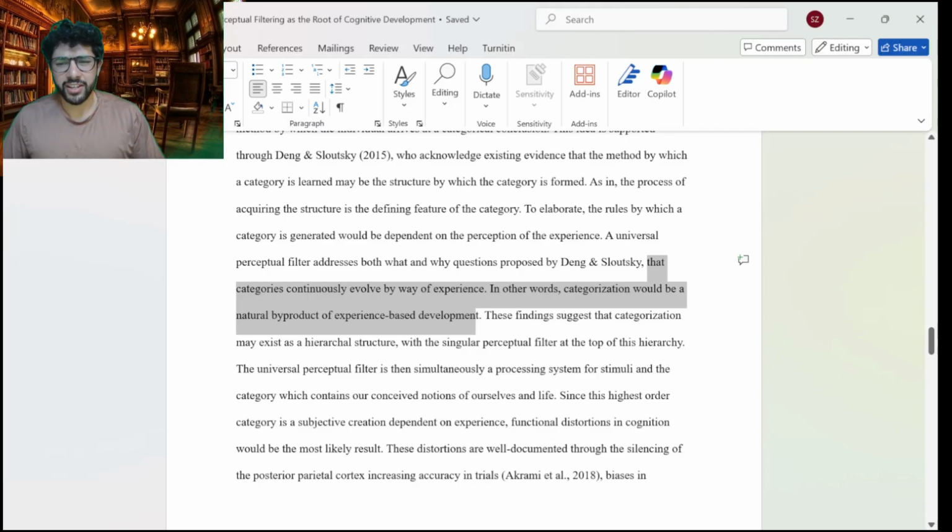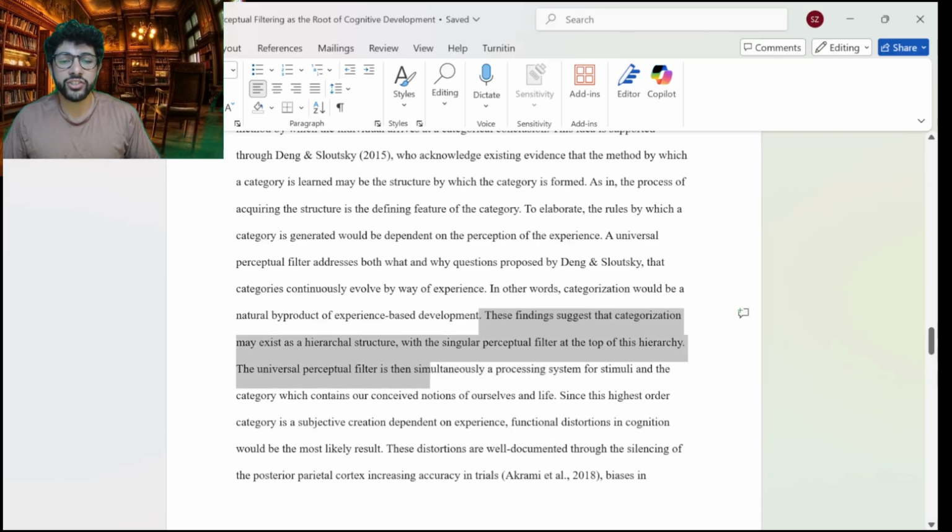Maybe 45 minutes. Anyway, categorization is going to be a natural byproduct of experience-based development. These findings suggest that categorization may exist as a hierarchical structure, with the singular perceptual filter at the top of this hierarchy. The universal perceptual filter, and I explained this already, so it's the same idea.